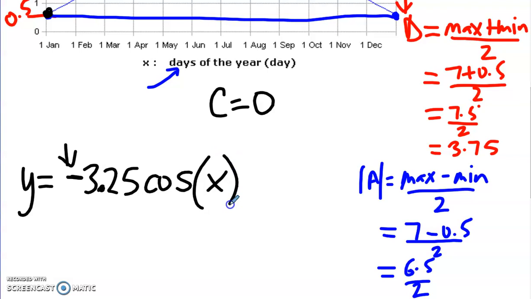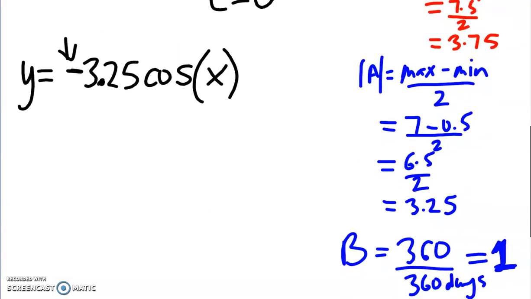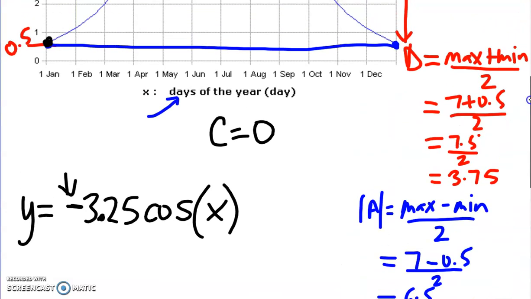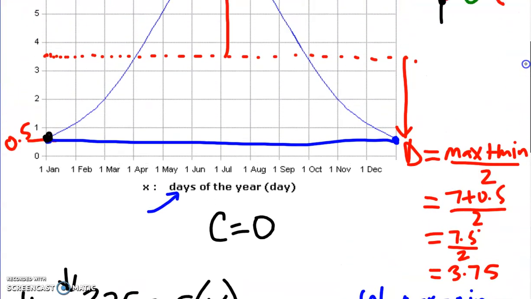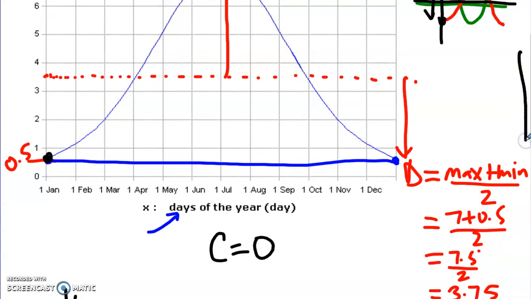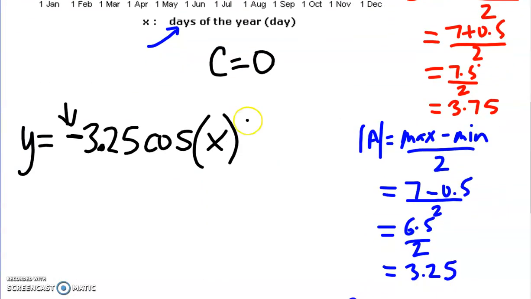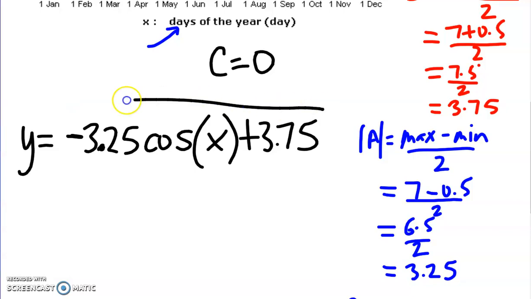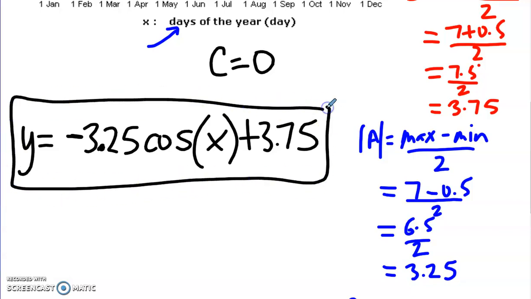So it's cosine x, and then plus d, so my d value is 3.75. Okay, so plus 3.75. And that's it. And that is the final function for this. And that's the final example.